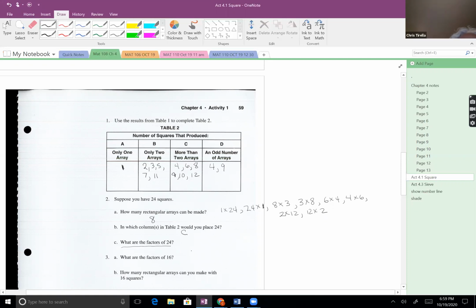What numbers go into 24 evenly? 1, 2, 3, 4, 6, 8, 12, and 24. There's 8 factors of 24, and there were 8 arrays.